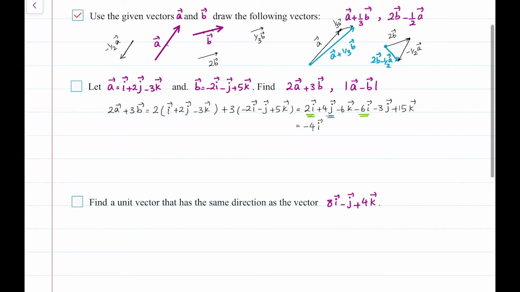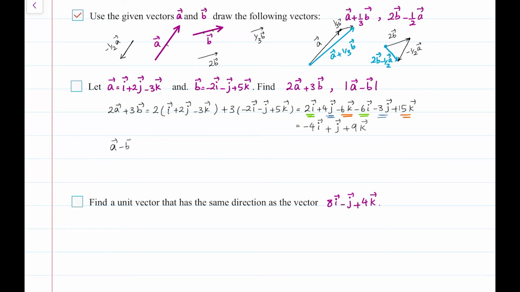Then I have 4j, negative 3j, so I have just 1j. Then I have negative 6k plus 15k, so together I have plus 9k. Okay, that's it. That's the vector 2A plus 3B. Okay, now how about A minus B?